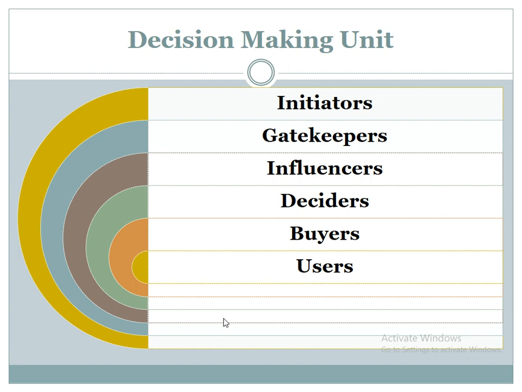Now next are the deciders. Deciders make the actual buying decisions. Maybe the owner in a smaller scale organization. They may be one or more individuals, maybe the board of directors, if the purchase decision is of greater value. It is very significant to identify the deciders, although at times it may be a difficult task.